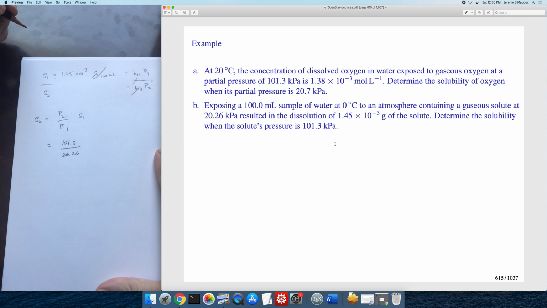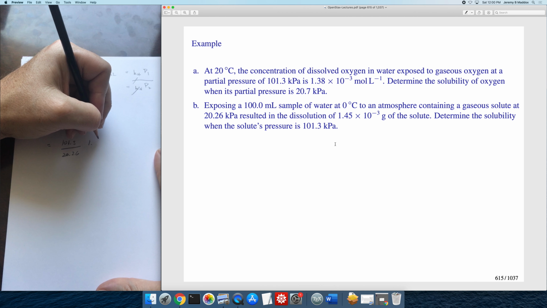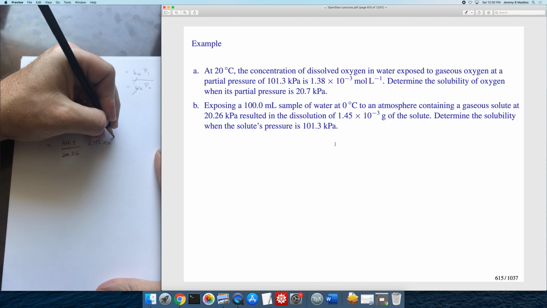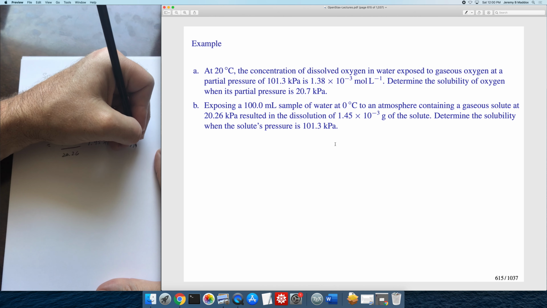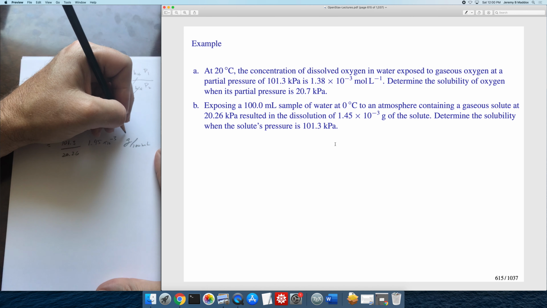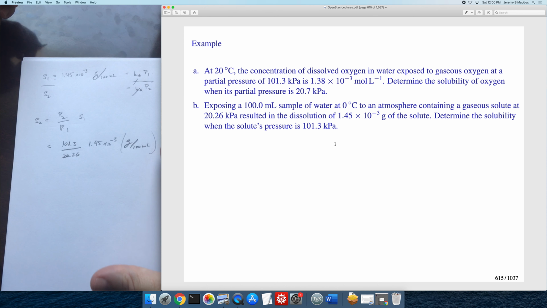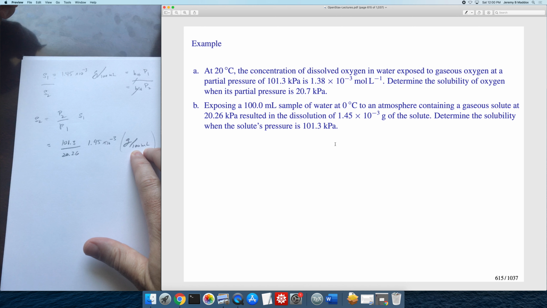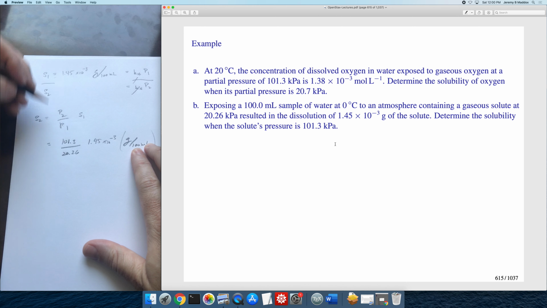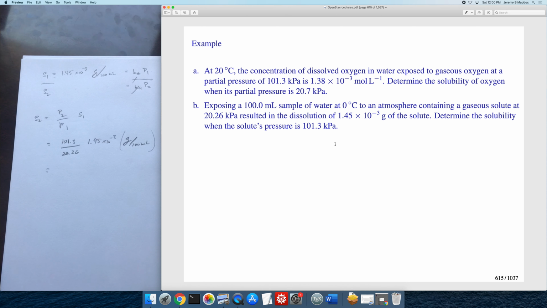Those units of kilopascals cancel out. And then the solubility, I'm just going to take it to be this 1.45 times 10 to the minus 3 grams per 100 milliliters. And I'm just going to keep this as the unit. So I'm not going to do anything with that 100, I'm just going to leave it there.